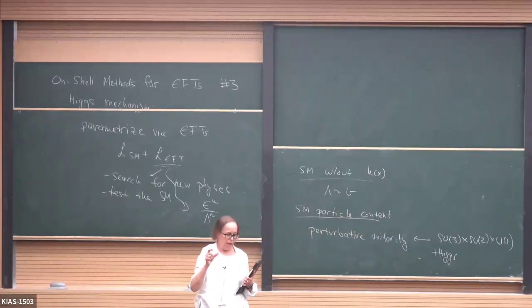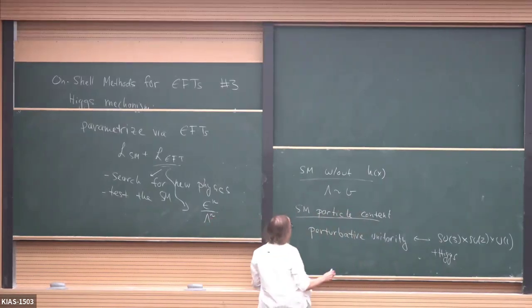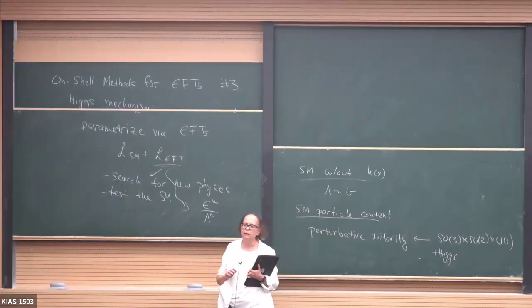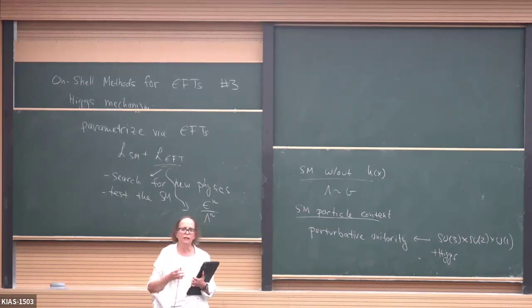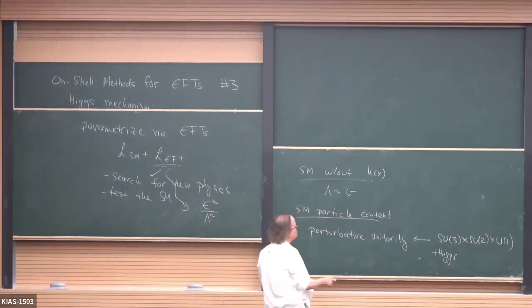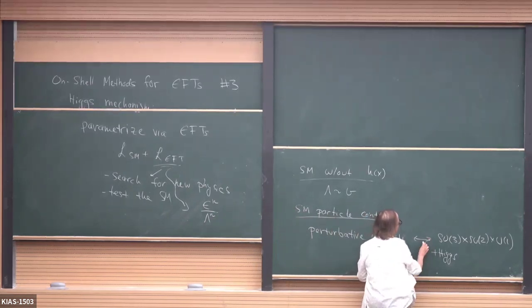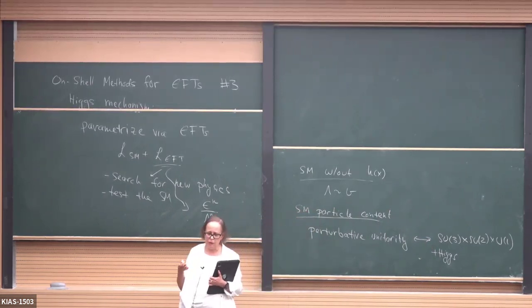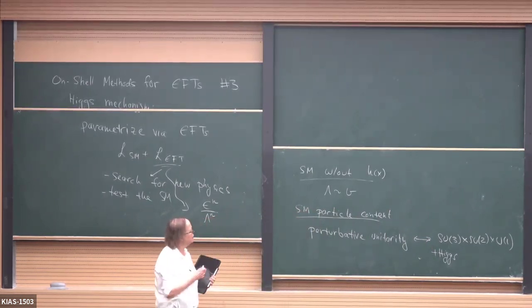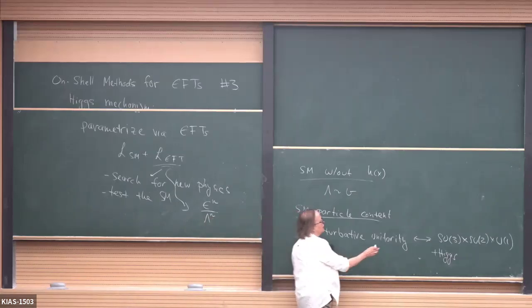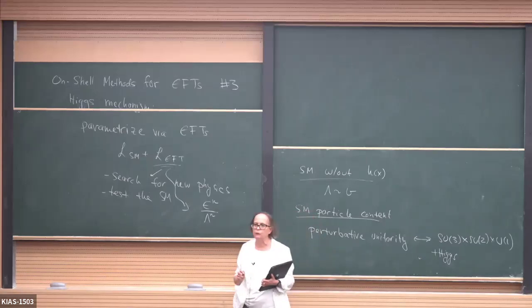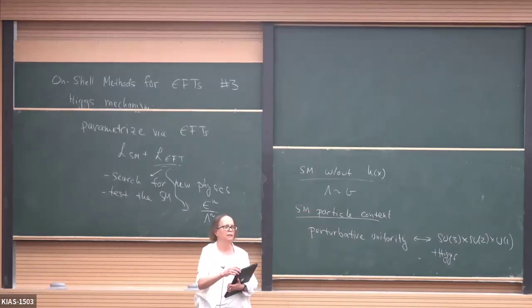So if you just have a single physical Higgs, so that's the standard model particle content at low energies, the only way to have perturbative unitarity is if you have gauge symmetry. This is something that we already said yesterday, but I want to highlight it because we'll come back to this. And if we have enough time, we'll even see how immediately that comes about using amplitudes. Is there a question? Okay.